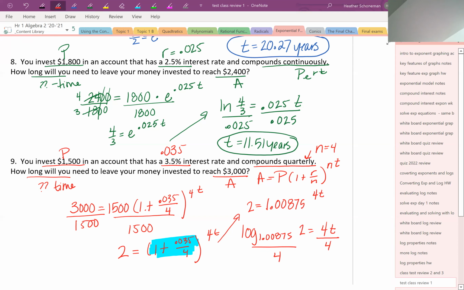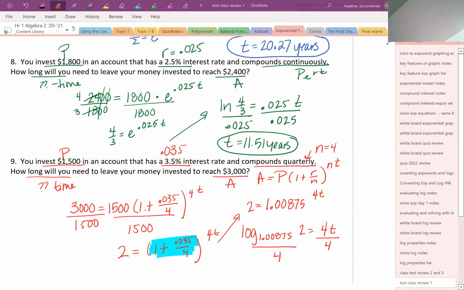So we need to go to the math menu, and we need to go to option A, and I'm going to do log. Now this is my weird decimal, base 1.00875 of 2, and then to that whole thing, we need to divide it by the 4.